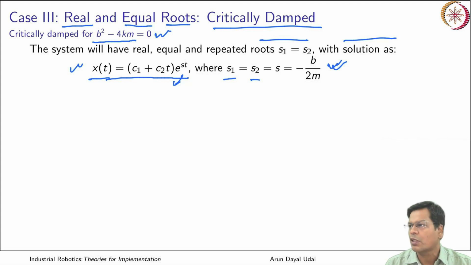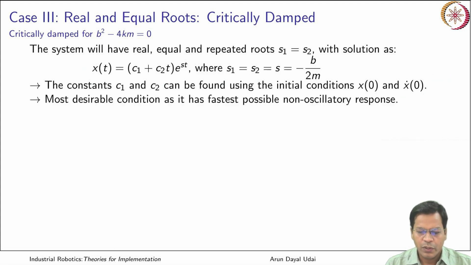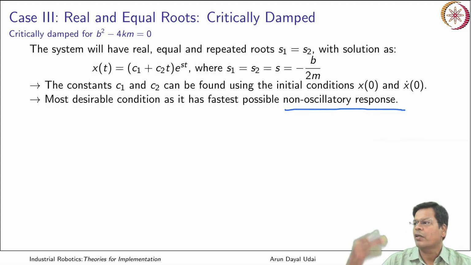So c1 and c2 are obtained from the initial conditions at time t equal to 0. Okay, this is the most desirable condition as it is the fastest non-oscillatory response. The system is not at all oscillatory, and it quickly comes to 0.